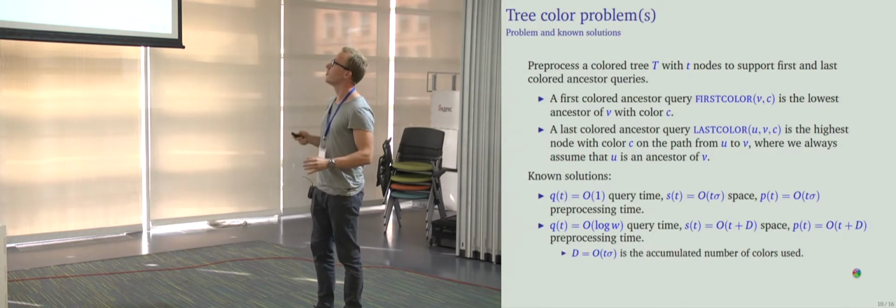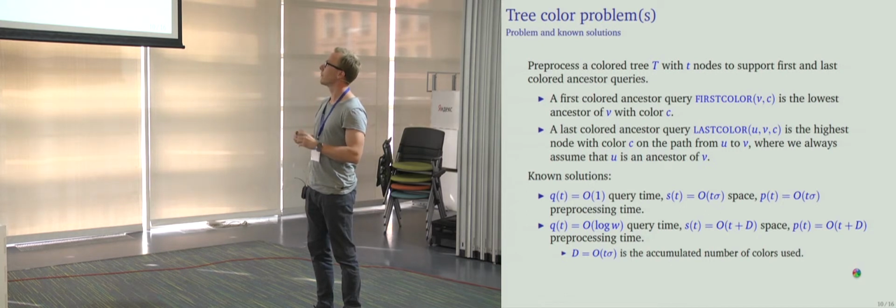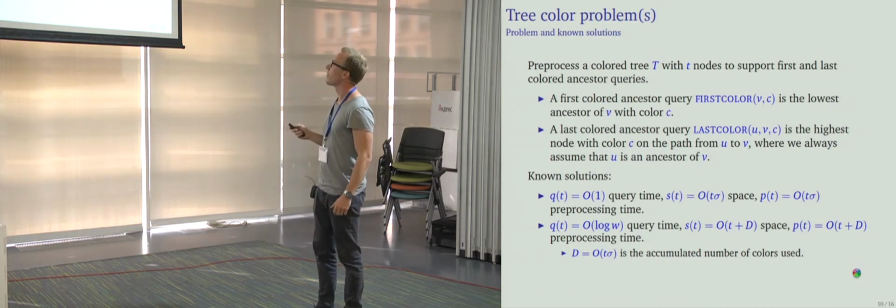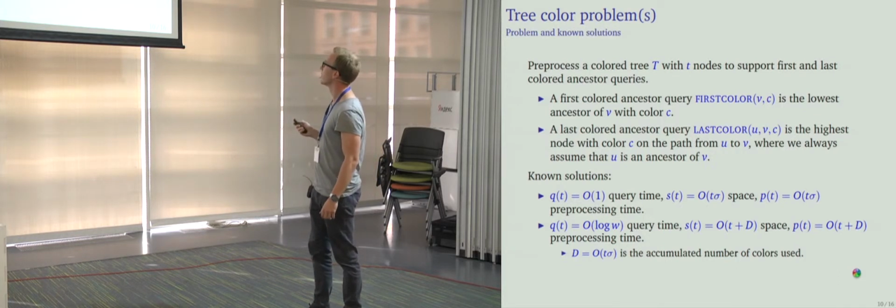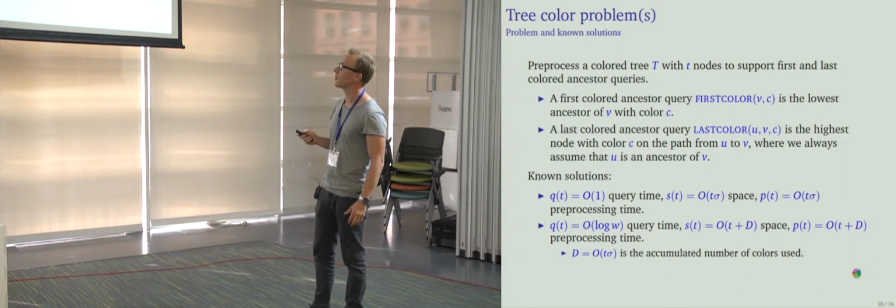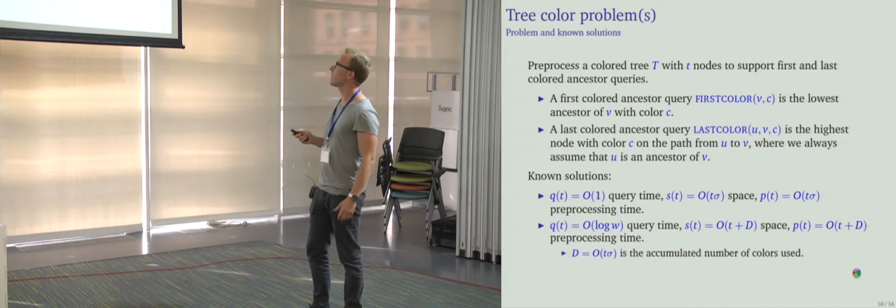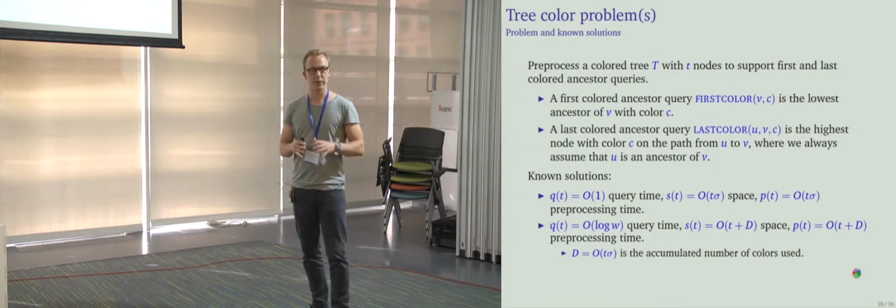We can solve this problem in a straightforward manner using T times sigma space, where T is the number of nodes in the tree, and also T times sigma pre-processing time, and then we get constant query time. A bit more complicated solution is this next one, which depends on the accumulated number of colors that we give the trees.